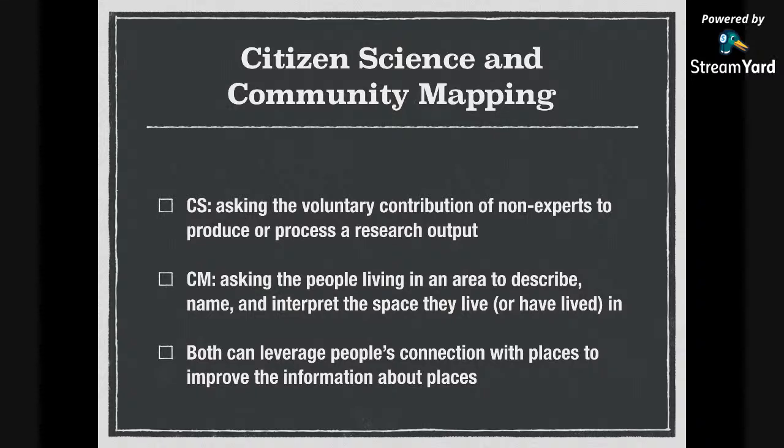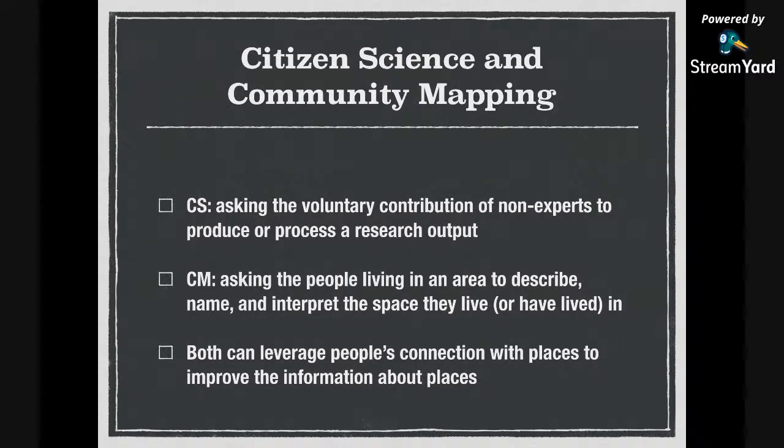Community mapping is something a little bit different, and it's more specifically about actual maps and actual concepts of space. It's about asking the people that live in a place, in an area, that could be a city or a region, to describe, to name, to even interpret the space they live in or have lived in.